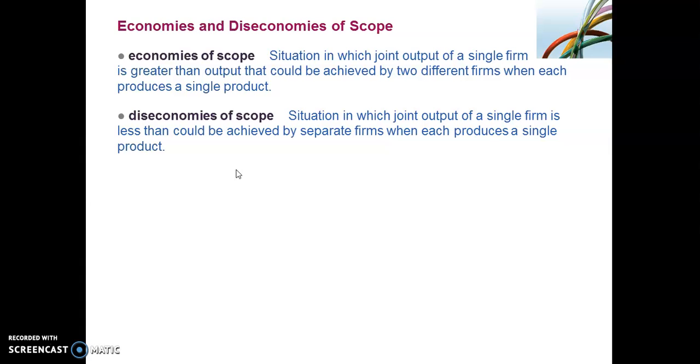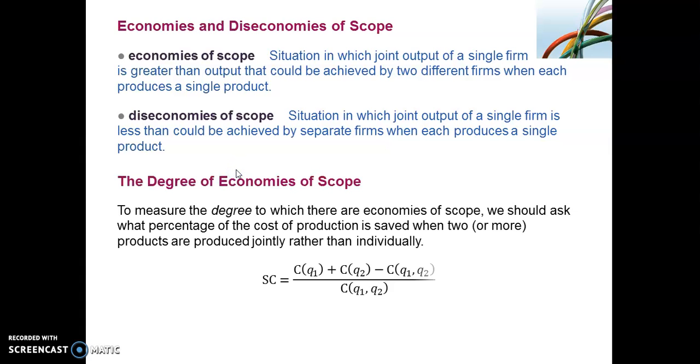So you have now encountered returns to scale, economies of scale, and now you have economies of scope. Please do not confuse these concepts. They are all different, and there isn't a relationship, for instance, between economies of scope and economies of scale.